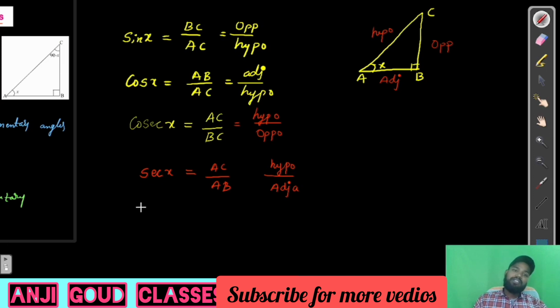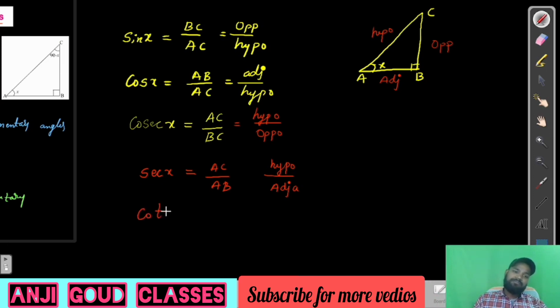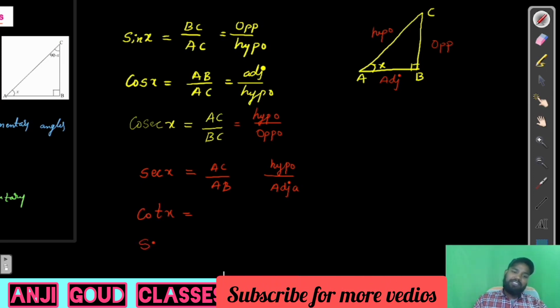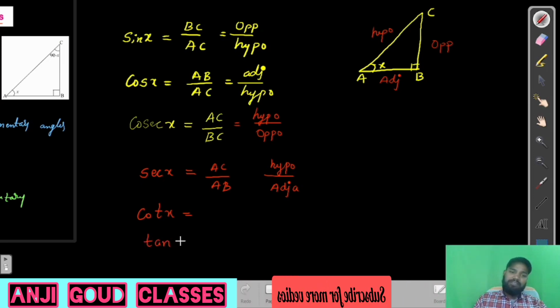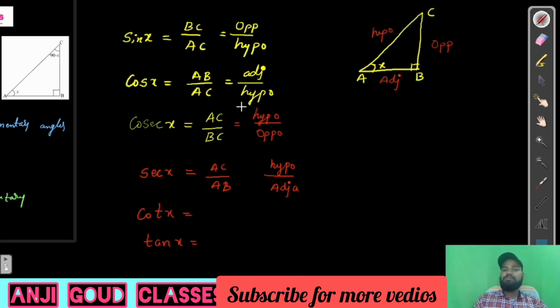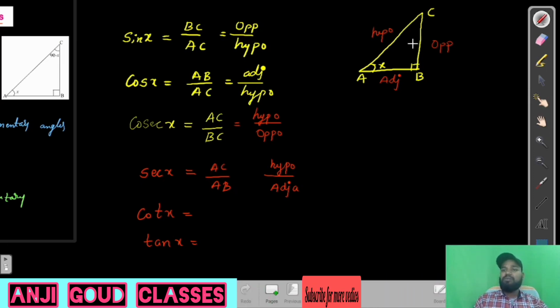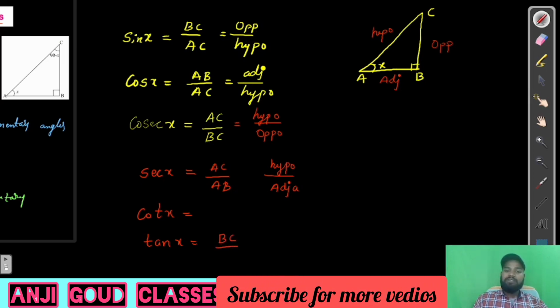Next, cot x. Before cot x, we will write tan x easily. What is the tan x formula? Tan x is sin x by cos x, which is nothing but opposite by adjacent. Opposite is BC and adjacent is AB.